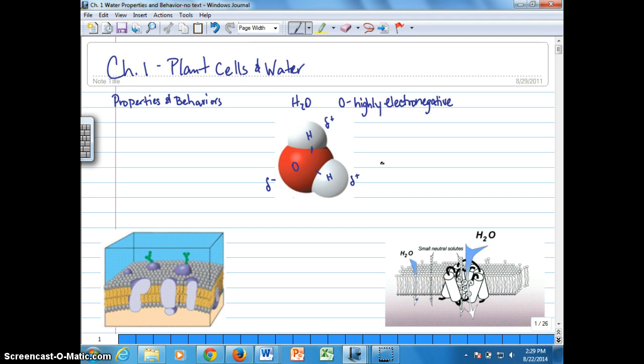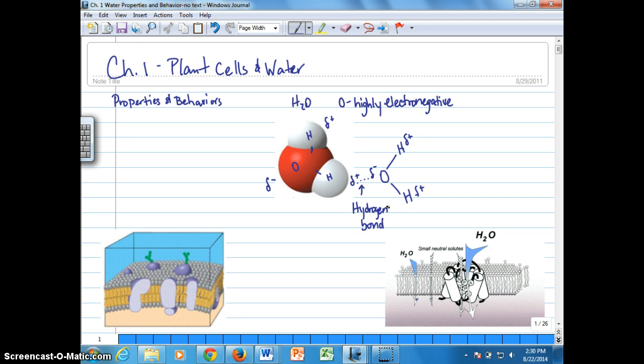So specifically, we might be looking at another water molecule nearby with its oxygen end over here, and hydrogen here and here. Again, we've got this partial negative end of the molecule, partial positive here, partial positive there, and because opposites attract, we're going to have this rather weak bond compared to covalent bonds, but it's still an important bond that translates into multiple unique behaviors for water, and that's called a hydrogen bond.